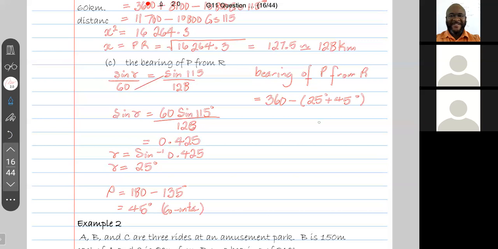That's 70. It's 360 minus 70. The answer is 290 degrees. The bearing of P from R is 290 degrees.